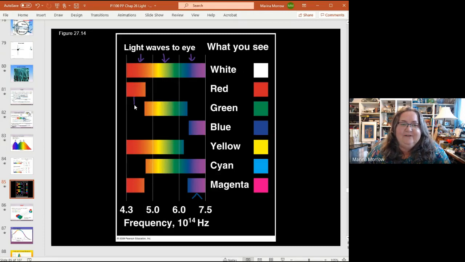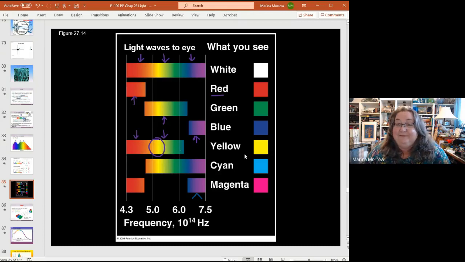If you just get a signal into the red cone, your brain tells you that's red. If you get a signal into just the green cone, your brain will tell you it's green. If it's just in the blue cone, your brain will tell you it's blue. But if you get signals in both the red and the green cone at the same time, your brain figures it's probably yellow, because yellow is detected by both cones.